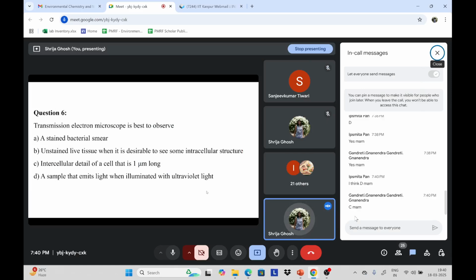Transmission electron microscope. It is best to observe what? Okay, we have two answers, option D and option C. What about others?